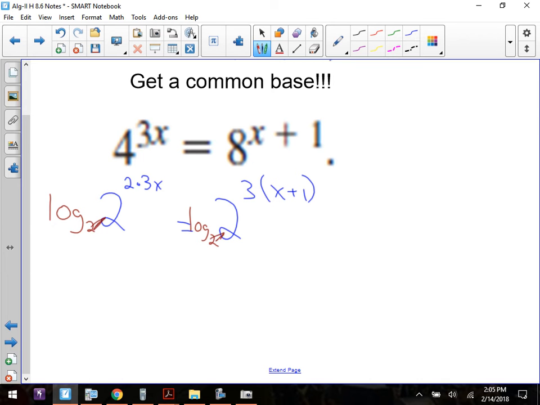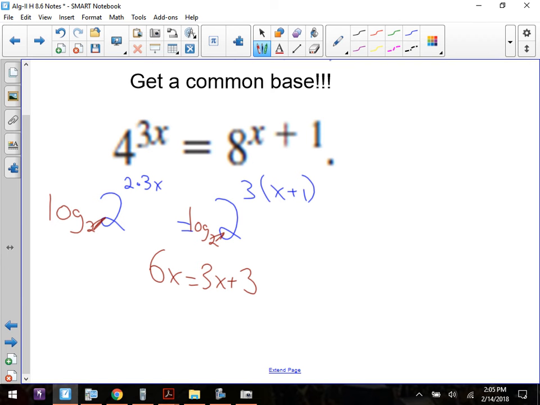I kept it consistent to both sides of the equation just by log basing both sides. So now I get 6x equals 3x plus 3. And I'm pretty sure some of you could solve that equation.